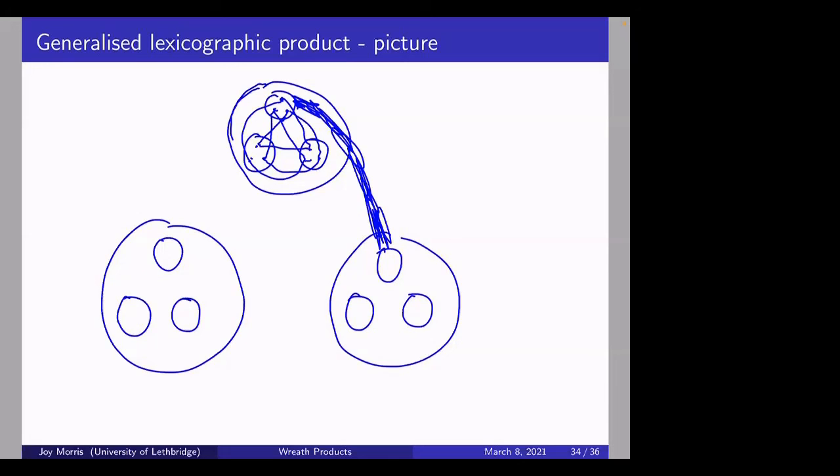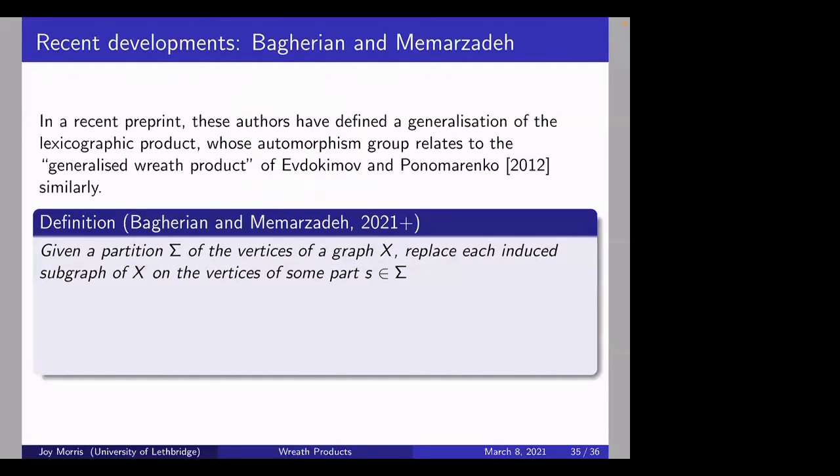The main reason I wanted to mention that was to briefly mention that there is a recent preprint by Bagherian and Memarzadeh in which they define a generalization of the lexicographic product, and its automorphism group has a very similar relationship to the generalized wreath product of permutation groups that was introduced by Evdokimov and Ponomarenko in 2012, that I've been talking about in terms of the relationship between the regular lexicographic product and the regular wreath product.